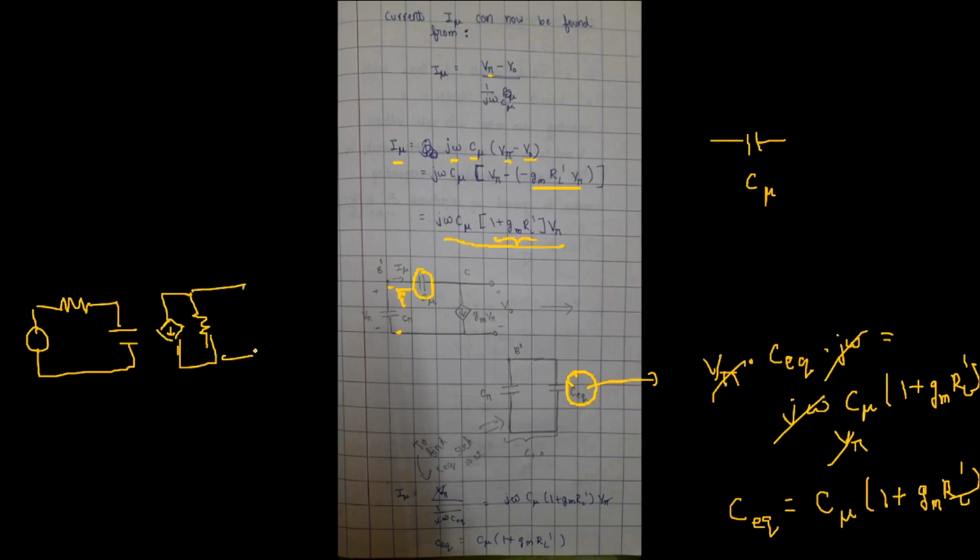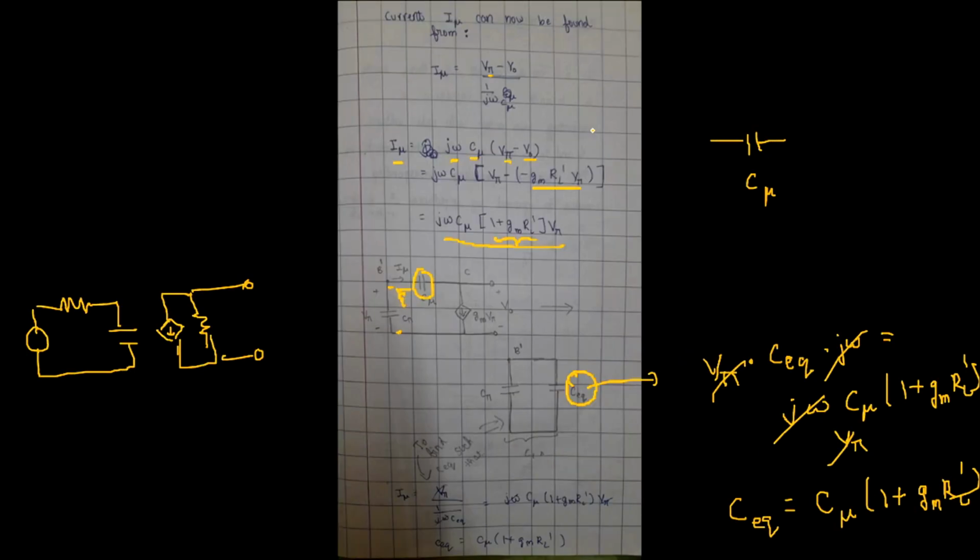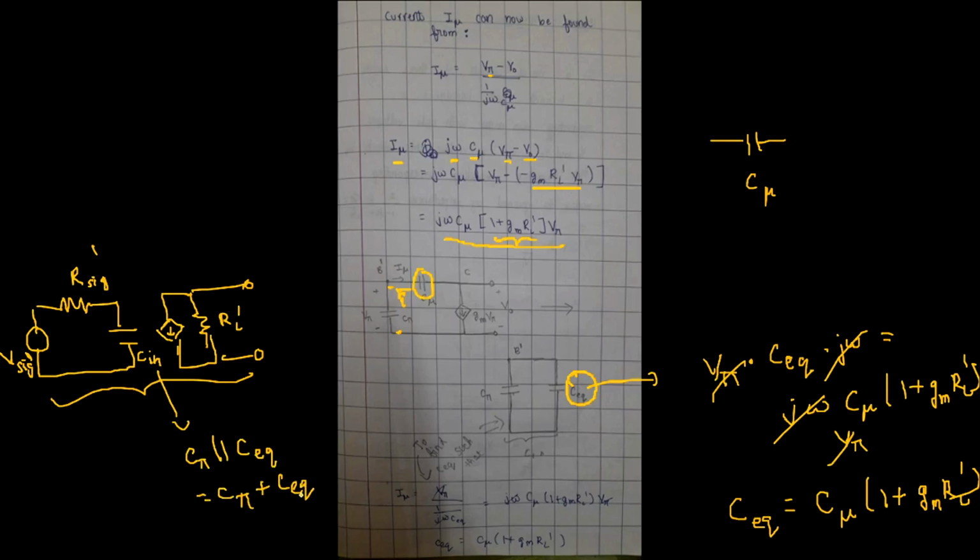So this is how we have gone from a complicated circuit like this to a circuit which is as simple as this, where this is RL dash, this is my R signal dash, this is my C input, and this is my V signal dash. C input is just where your C pi is in parallel with C equivalent, that is C pi plus C equivalent.